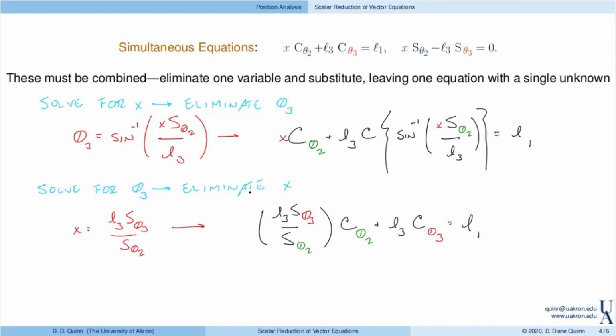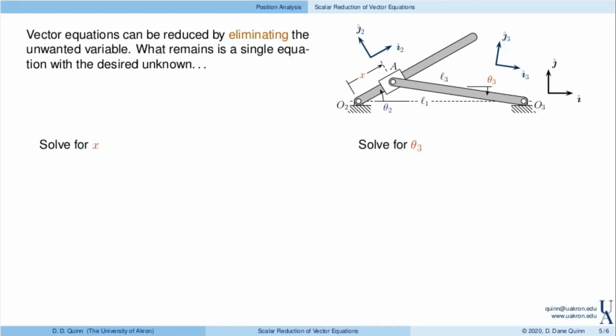So I'm going to show you a different way, slightly clever, of going from our vector loop closure equation down to a single equation with whatever unknown that we are interested in. With the right procedure, we can directly reduce vector equations to a single scalar equation with a single unknown. As a result, we don't have to worry about taking simultaneous equations, solving for one, substituting back in.